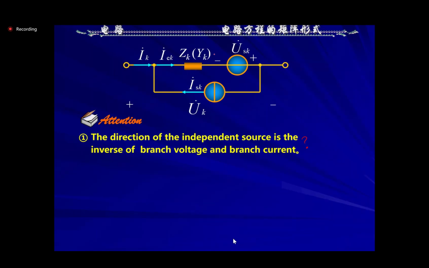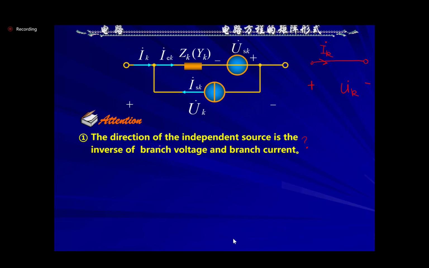We treat this as one branch. The branch current direction is from left to right, this is Ik. The voltage direction has the left side positive and the right side negative, Uk.